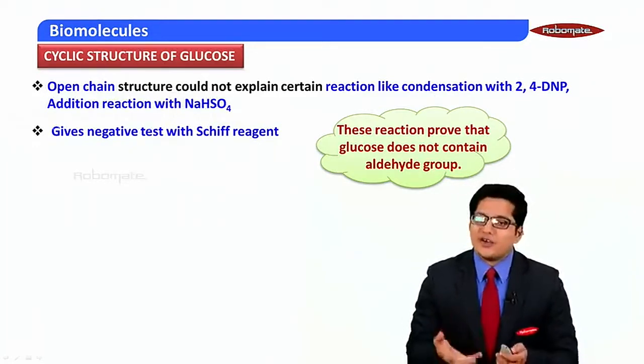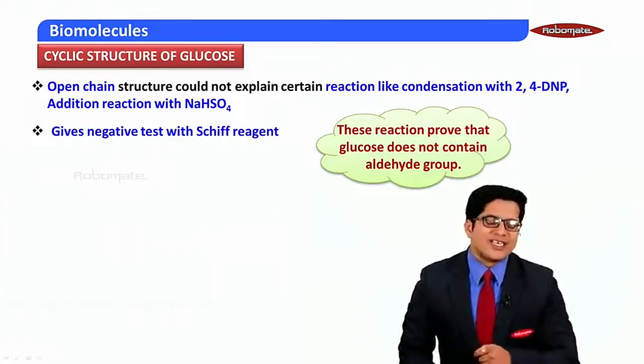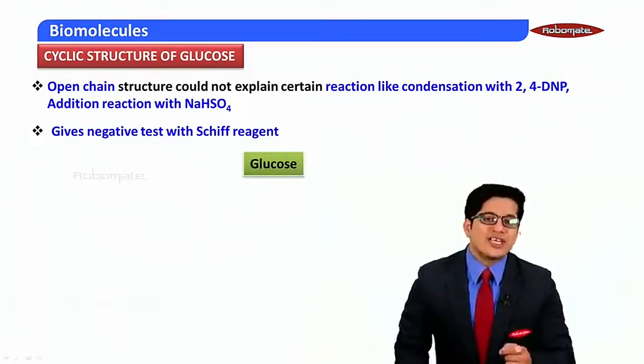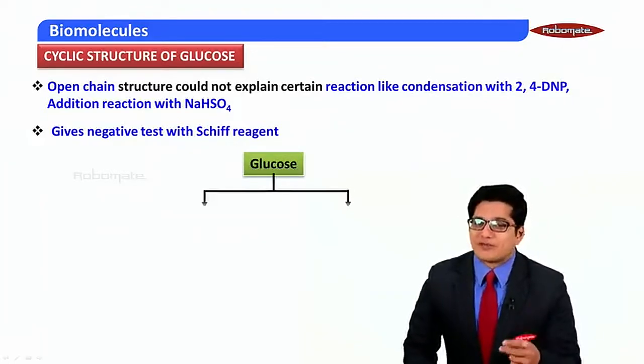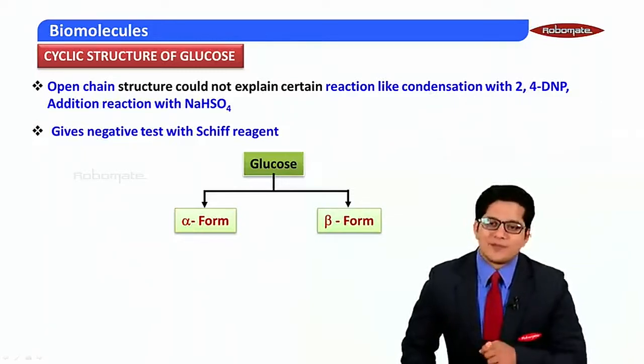So, a new theory was proposed, and later on it was found out that glucose actually exists in two different forms, that is the alpha form and the beta form.